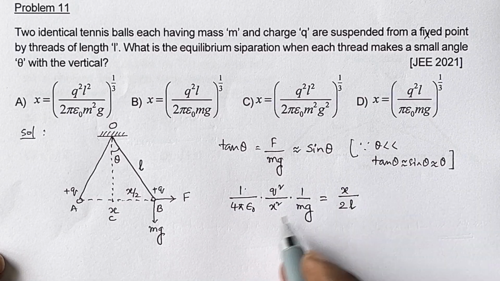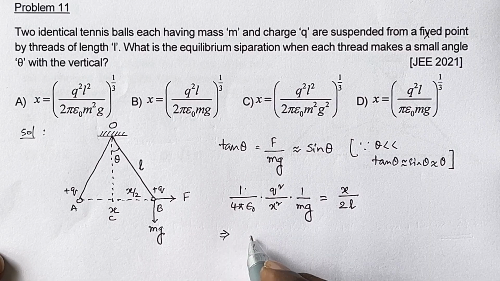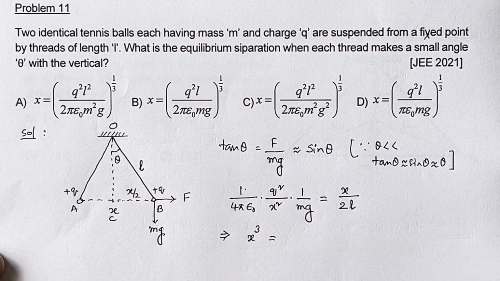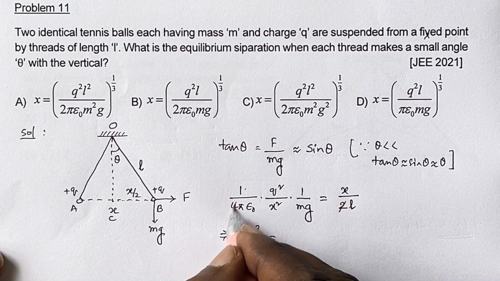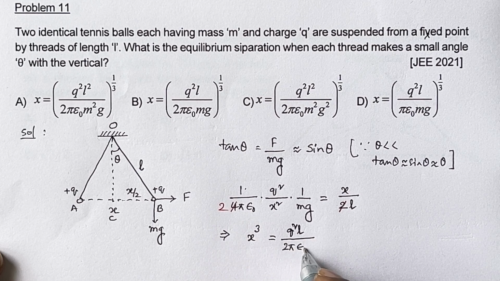So we'll cross multiply here. Then what we get, x cube is equal to q square L by 2 pi epsilon naught mg.